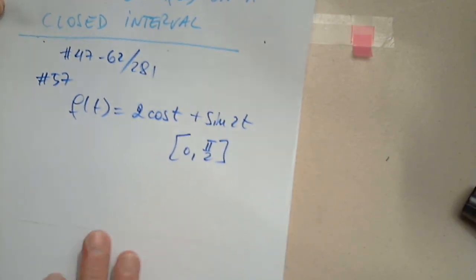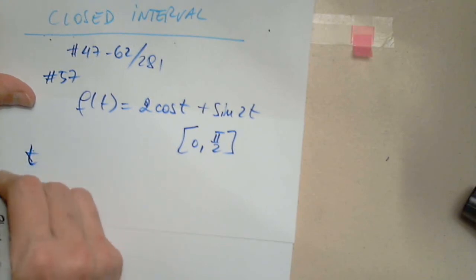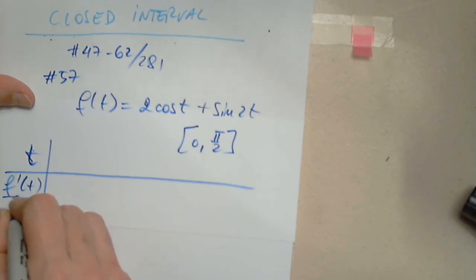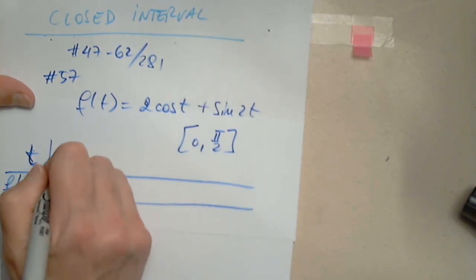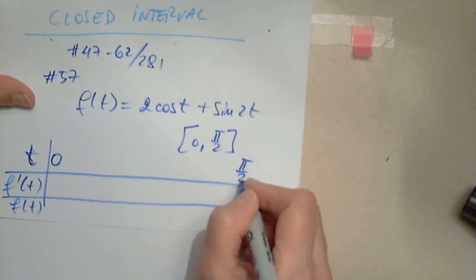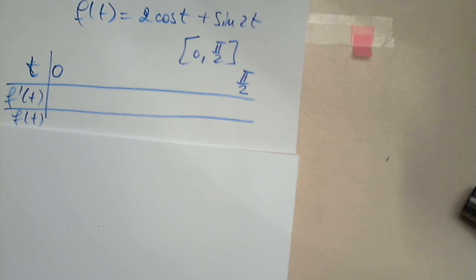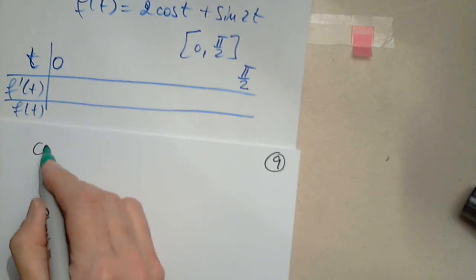Perfect. So we're going to get our table going. T, f prime of t, and f of t. Only between 0 and pi over 2. Good pick. So, for this particular problem, am I recording? Yes, I'm recording. First, we have to find the critical numbers.